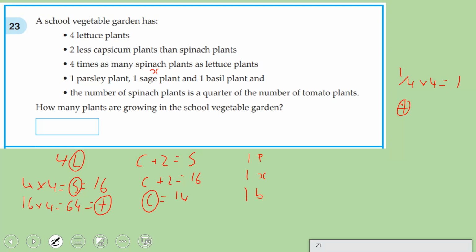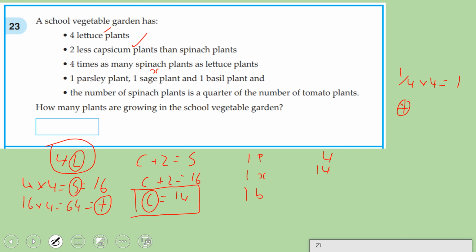So, all up, we've got 4 of lettuce. We've got 14 capsicum. And I'll just put squares around them once we're done. We've got 4 times as many spinach as lettuce.